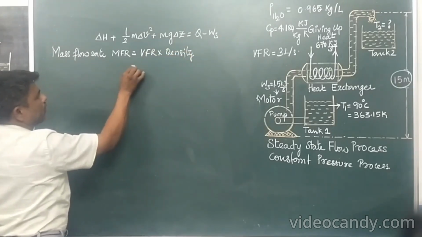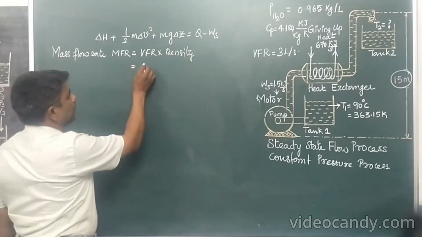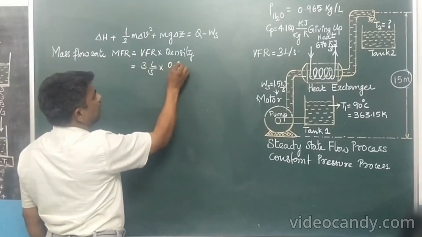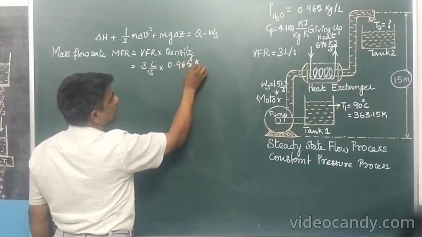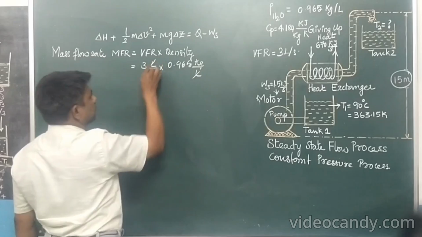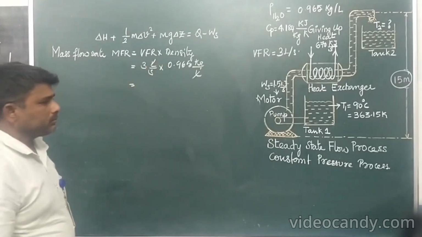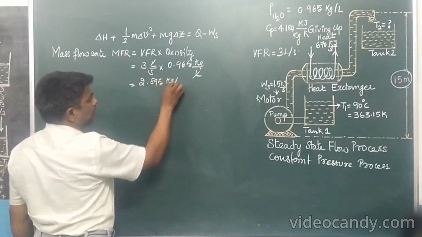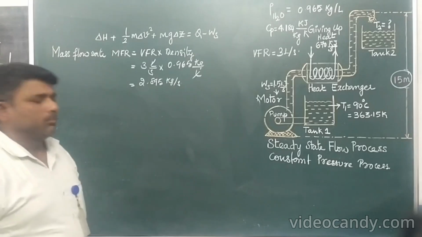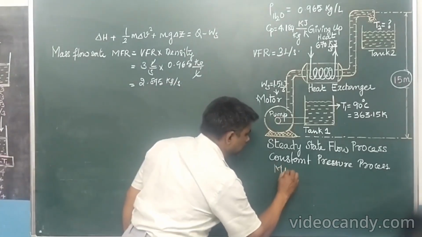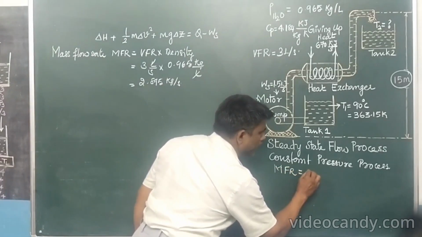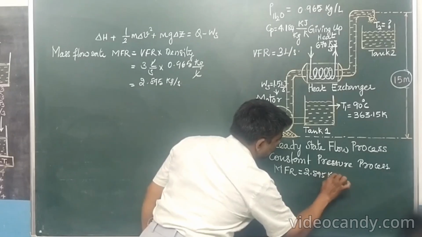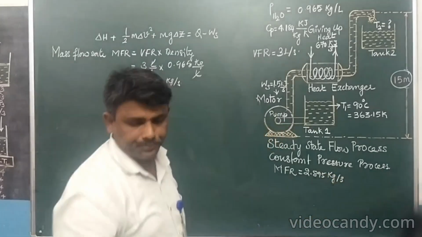Volumetric flow rate is 3 liter per second times density 0.965 kg per liter. Liter gets cancelled. The answer is 2.895 kg per second. This is the mass flow rate. Okay, what next?